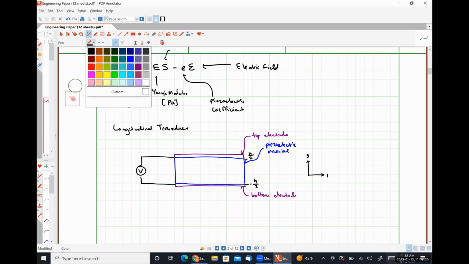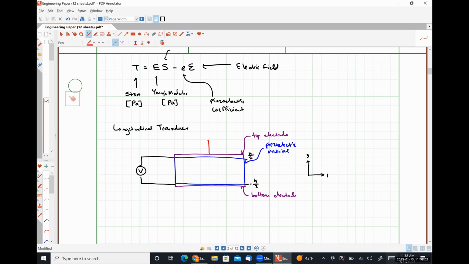And so if I apply a force in the 3 direction, I should observe a field in the 3 direction as well for a longitudinal transducer. Sorry, B is for magnetic field. I want electric displacement. So we have some field D3.